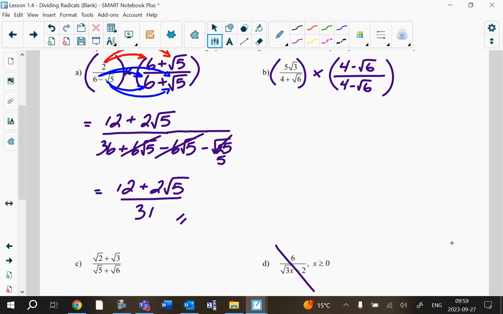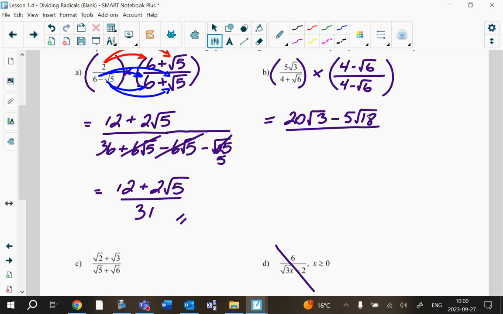So again, I've got 2 multiplications up top. I've got 4 multiplications on the bottom. 5 root 3 times 4 is 20 root 3. Minus 5 root 3 times root 6, 5 root 18. Good.